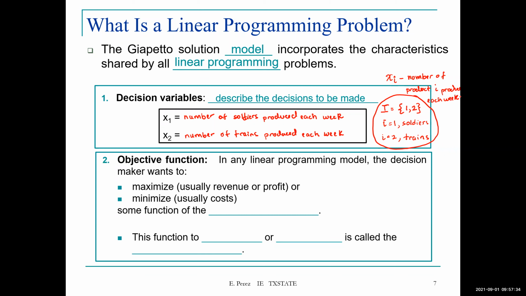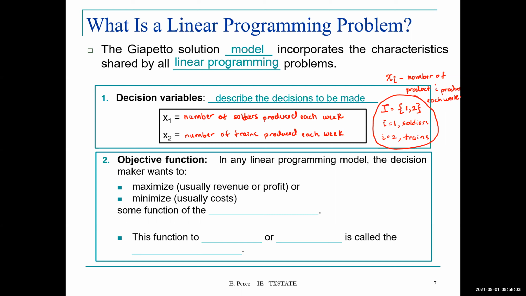In that case, I don't have to use, let's say I have 20 different products, a different letter for each one of those products. I would have to use almost the whole alphabet. So instead, I'm using the same letter, but I'm assigning an index to the decision variable, so I can differentiate between products by the index.